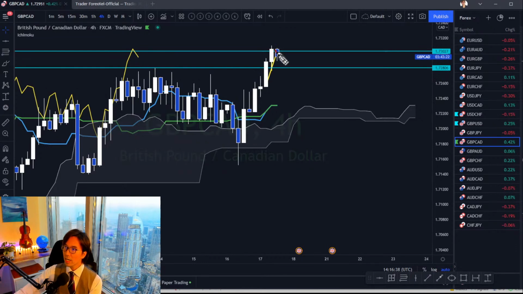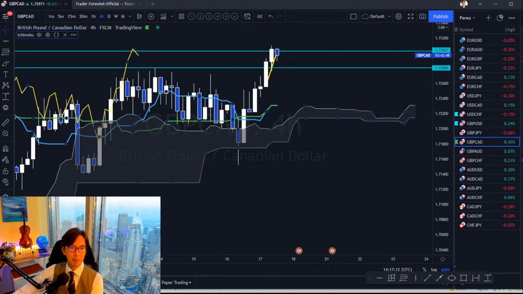It may retrace to that level and go up, but still, it's a risk because the Kijun-sen is flat, so it may break the resistance and continuously go back to these levels. And when I see this potential retracement, I exit very soon like this. So this was my exit with a very small loss.